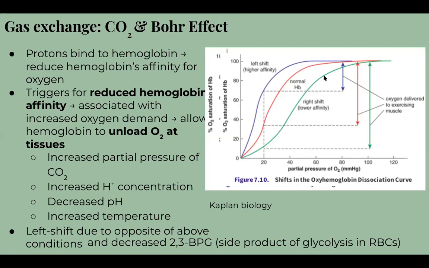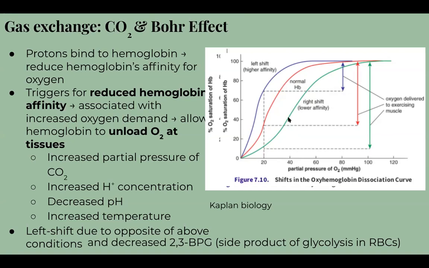So how to think about this is, pick a particular number. Let's go with 40. When you're at 40 millimeters of mercury for your partial pressure of oxygen, under normal conditions, your hemoglobin would be saturated about 80% with oxygen. When you have these conditions, such as increased CO2 concentration or increased proton concentration or increased temperature, you get this rightward shift of the hemoglobin oxygen dissociation curve.